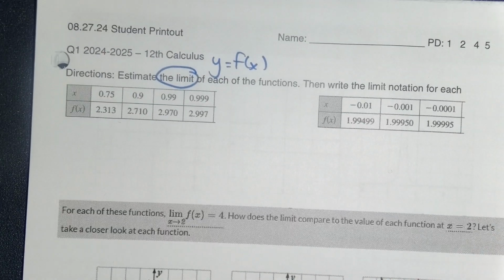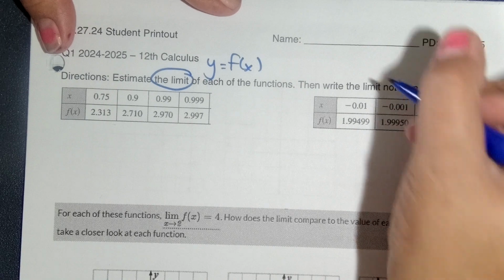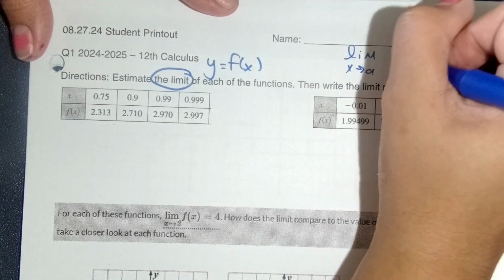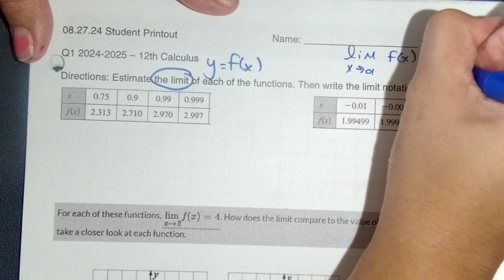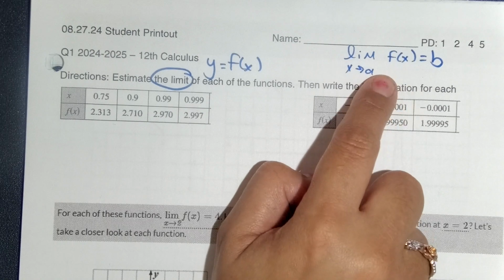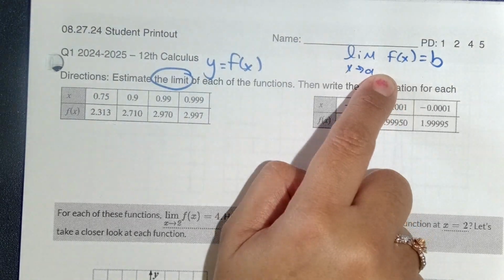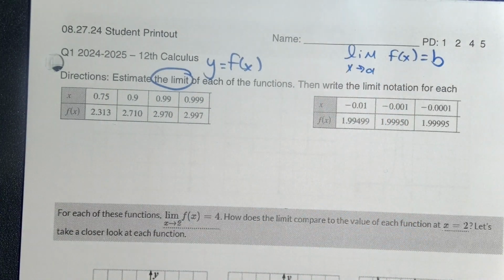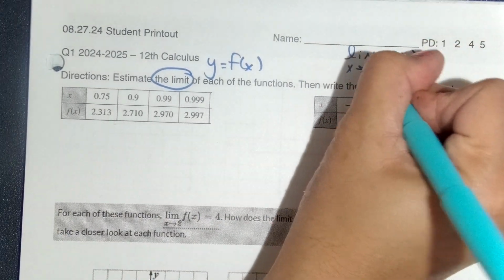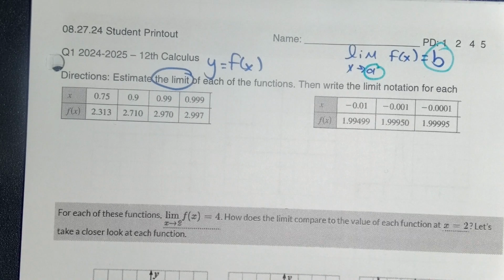They're the same thing. Then write the limit notation. So we're going to need to write it as this. So first we're looking for the y value, and then we're looking for the limit notation. When we're doing limit notation, for the time being, all we're doing is replacing a and b, okay?